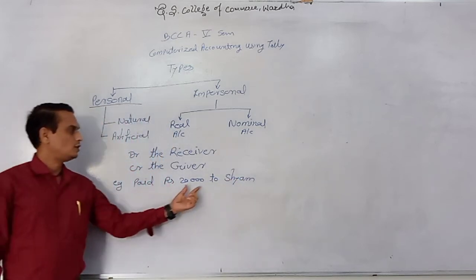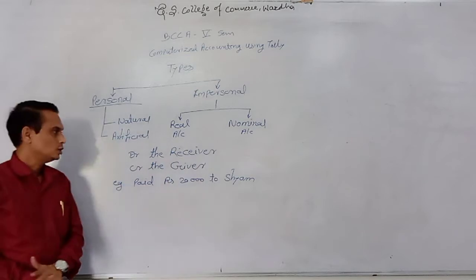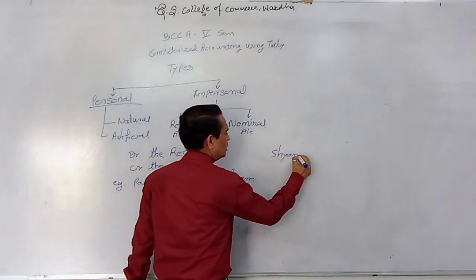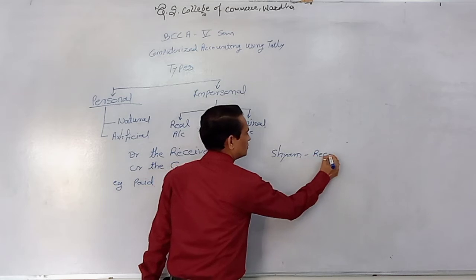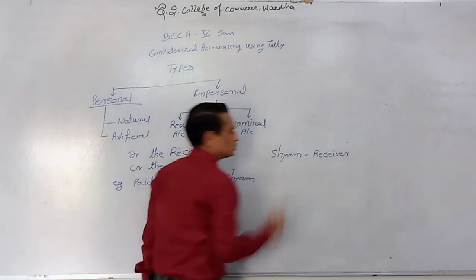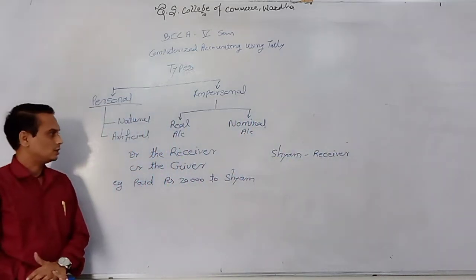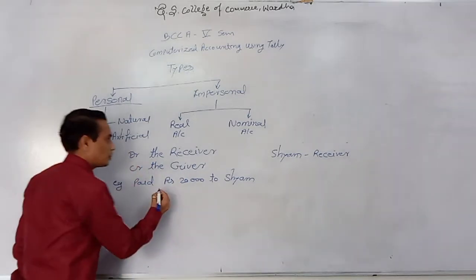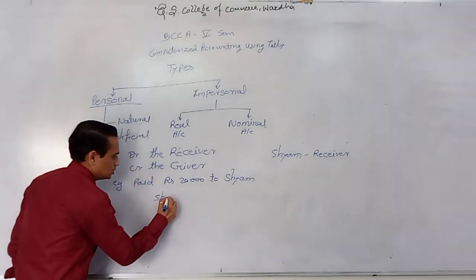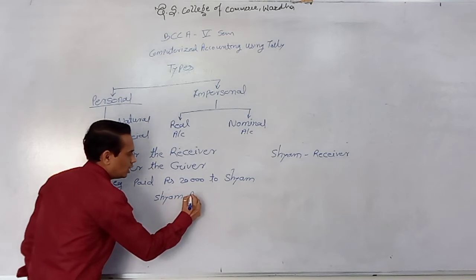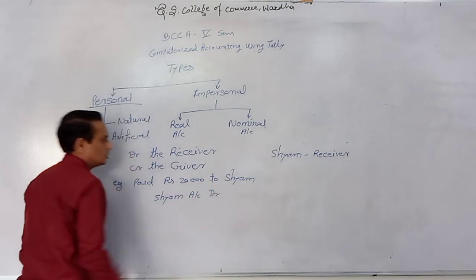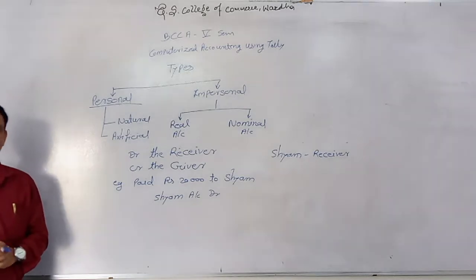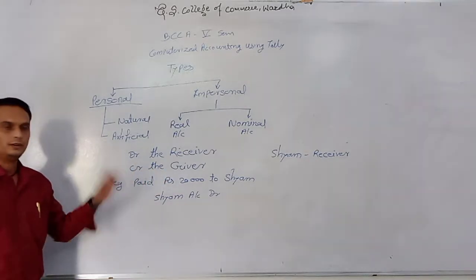Shyam is a receiver, and the receiver is always debited. So Shyam account debit, and we give the money to Shyam, so we are the giver, and the giver is always credited.